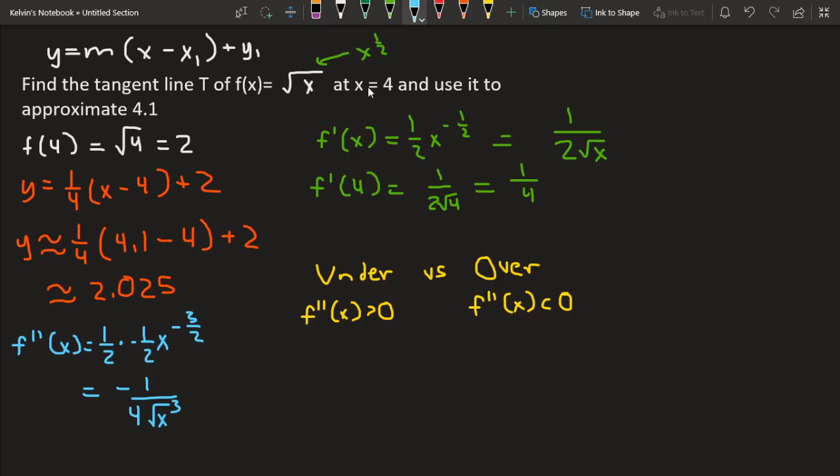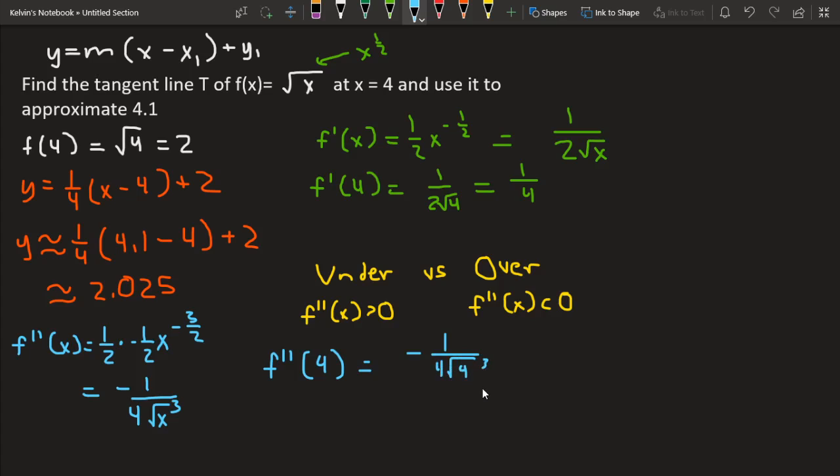Now, we can find f double prime of 4. F double prime of 4 is equal to negative 1 over 4 root 4 cubed.